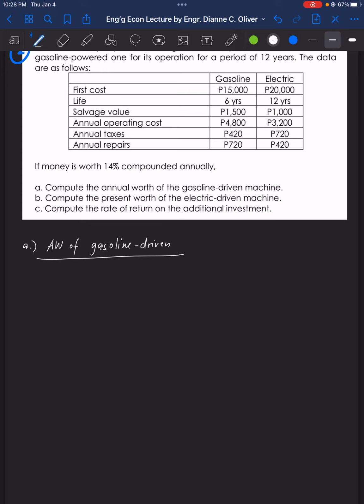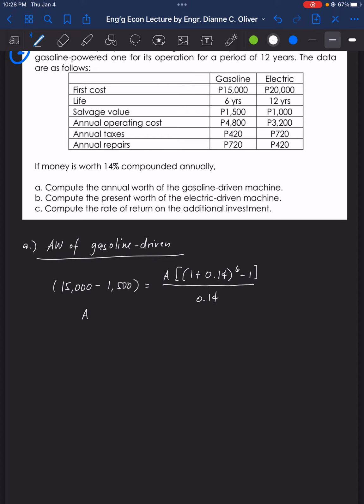The depreciation here is, so first cost 15,000 minus the salvage value of 1,500 equals A times (1 plus 0.14) raised to the life of 6 years minus 1, all over 0.14.